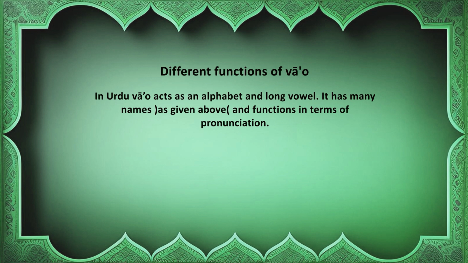So we'll say it has many names and functions in terms of pronunciation. It has its main role in pronunciation. So we'll learn something about its names and its functions regarding pronunciation.